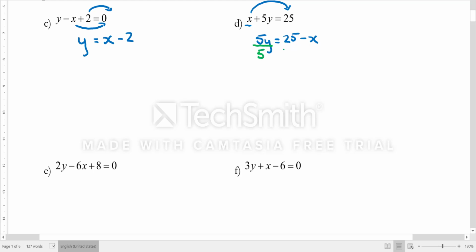If you do that to one term, you have to do it to every other term within the equation. So the 5's cancel each other out, leaving just a y. 25 divided by 5 is 5, and negative x over 5 just gets left as negative x over 5.